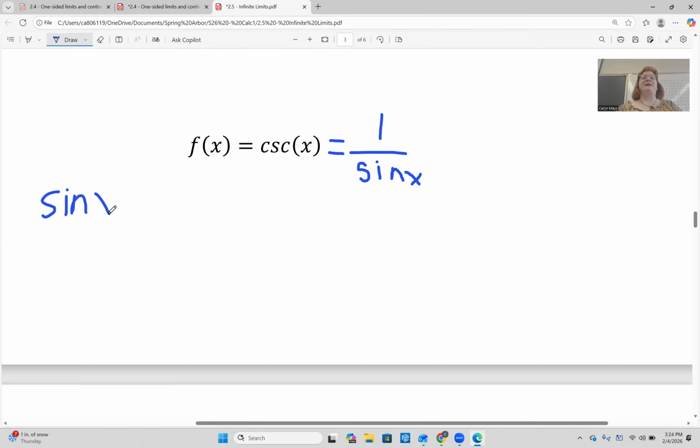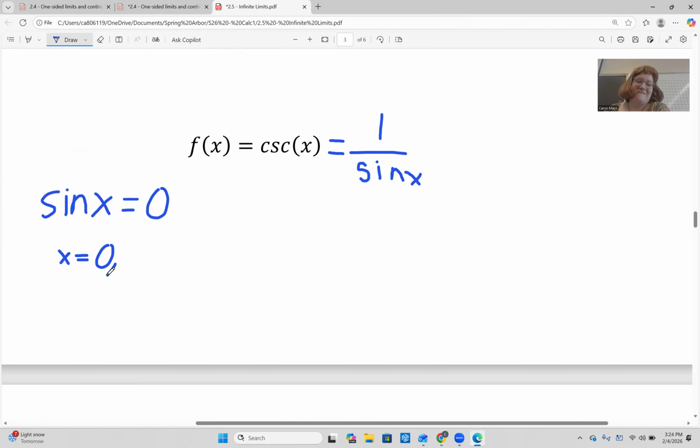And what would x be in those cases? 0 is one of them. There's an infinite number of them.